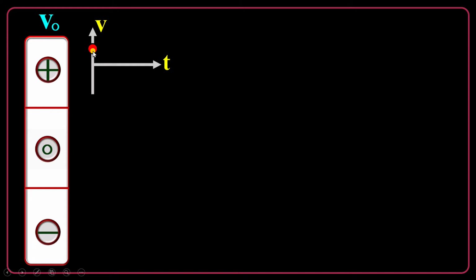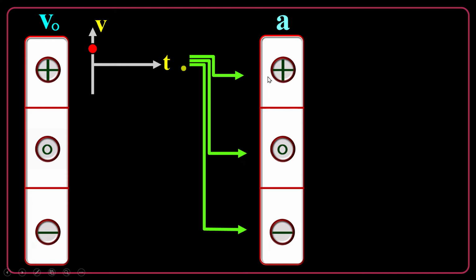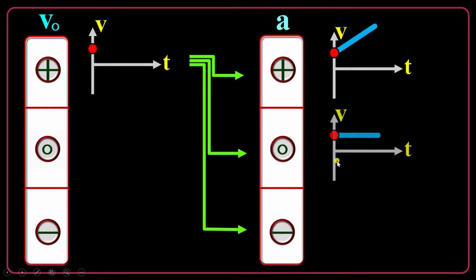The initial velocity or the vertical intercept is positive. If the acceleration at the same time is positive, the line will be ascending because the slope is positive. Sometimes there is no acceleration, so it's uniform motion. There is no slope for velocity time graph. And the last may be positive initial velocity with negative slope, which is negative acceleration.